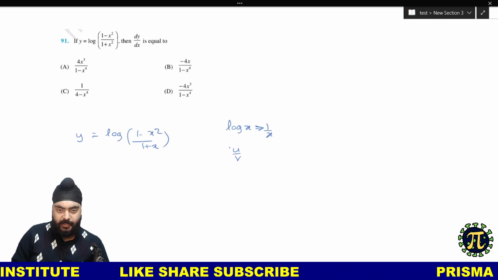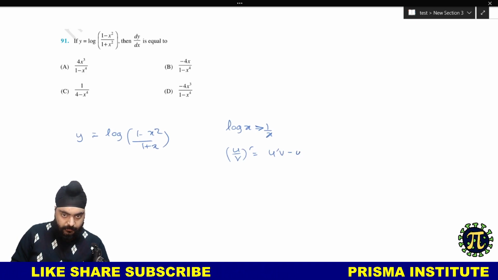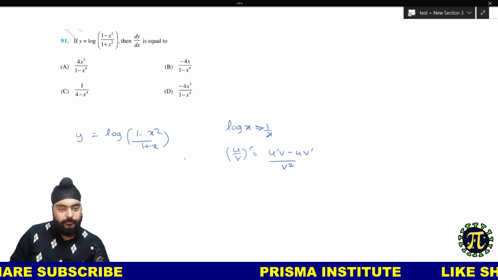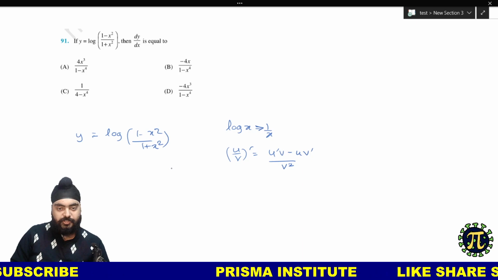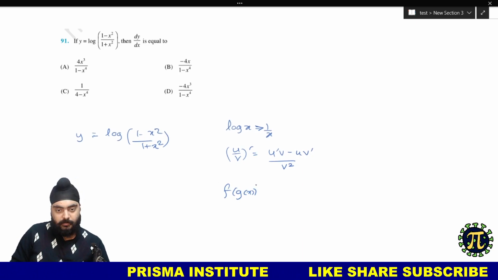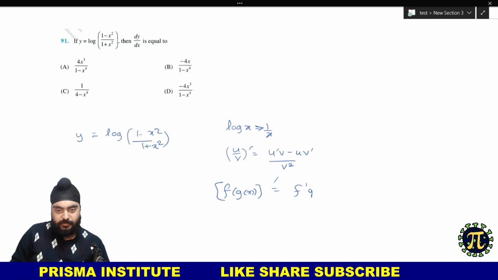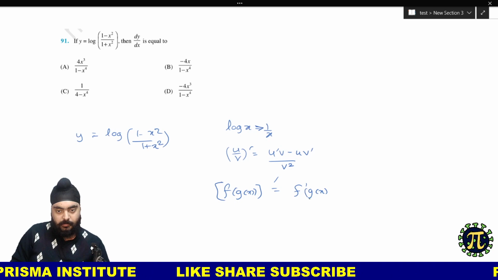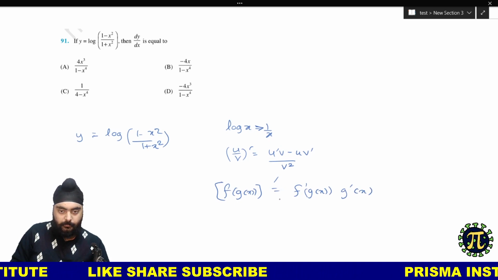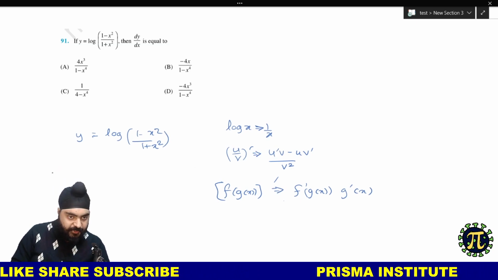So (u by v) dash is (u dash v minus uv dash) divided by v square, and we can also apply the chain rule कि f of g(x), इसका डेरिवेटिव क्या होगा, this will be f dash g(x) into g dash x. Based on these formulas we can differentiate it directly.